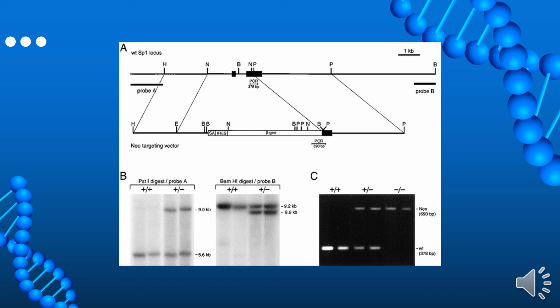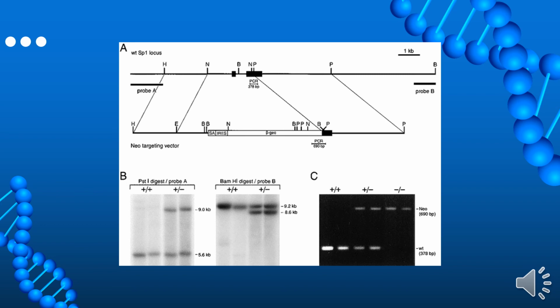In this slide, you can see the figure represents the results for the targeted disruption of the SP1 gene. For the first figure A, two exons encoding the three zinc fingers and the C-terminus of SP1 are replaced. Figure B is a Southern blot analysis of the targeted ES cells.